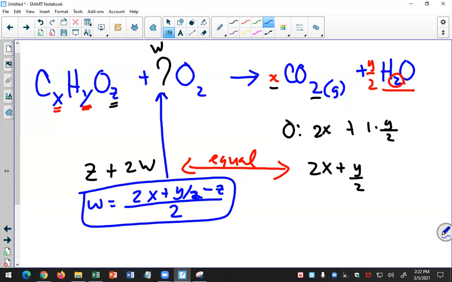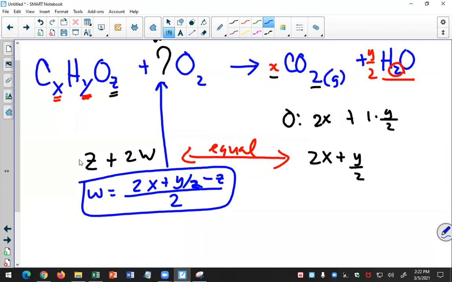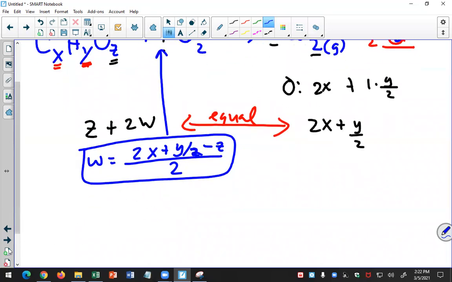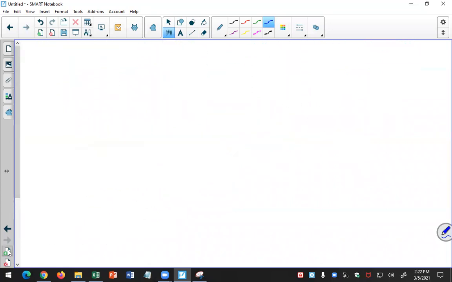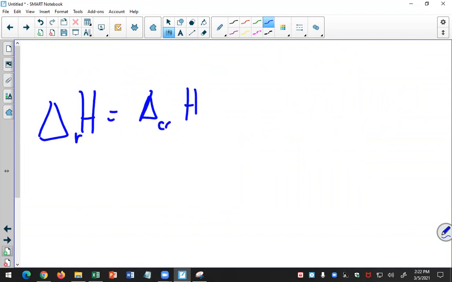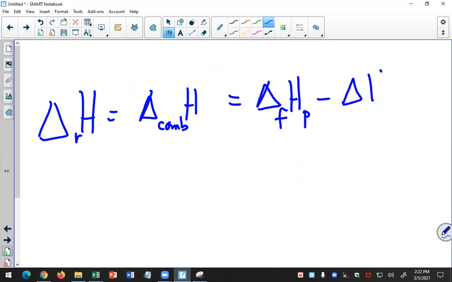The point is this. If I know the delta H for this reaction, what do you call the delta H of this reaction? The enthalpy of combustion, right? So the delta H for this reaction is the delta H of combustion. And that's just the delta H formation of the products minus delta H formation of the reactants.